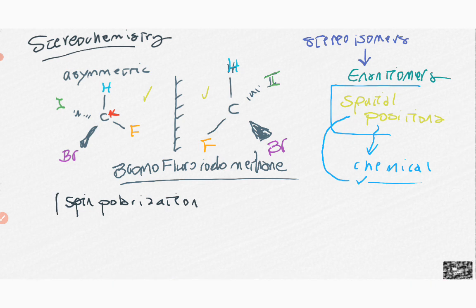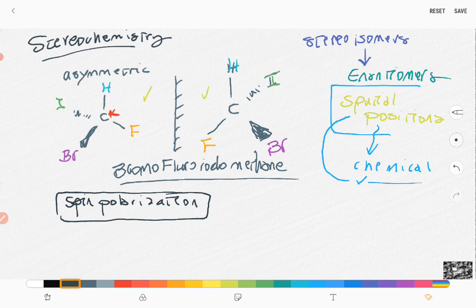What is the spin polarization? I want to define it in a simple way, not in a complicated way. It is the way the molecules behave when you impose them to light.